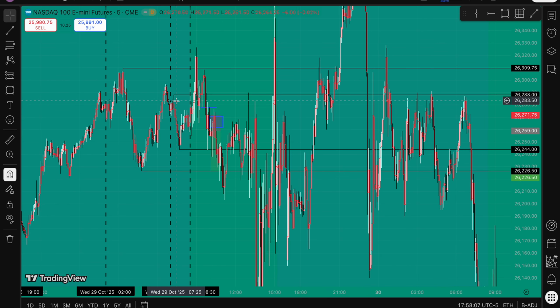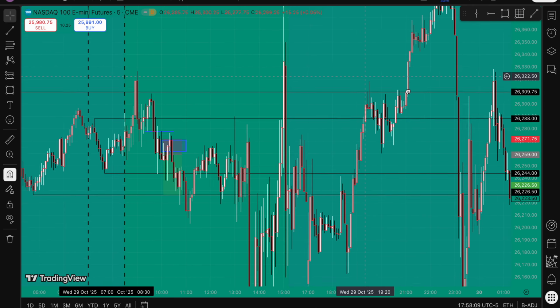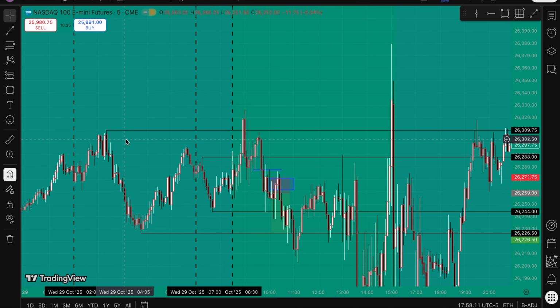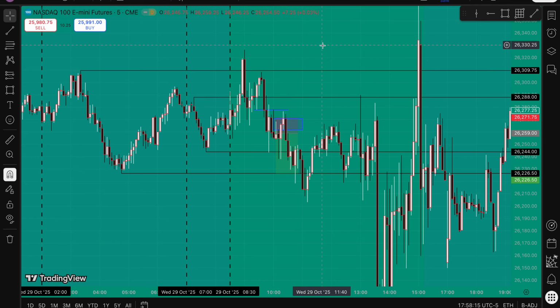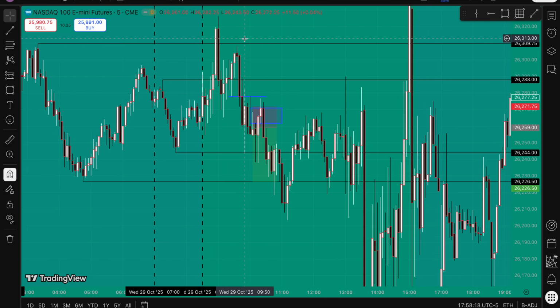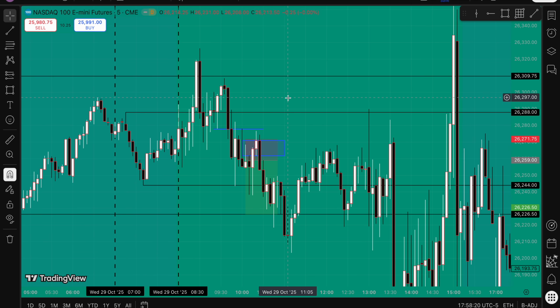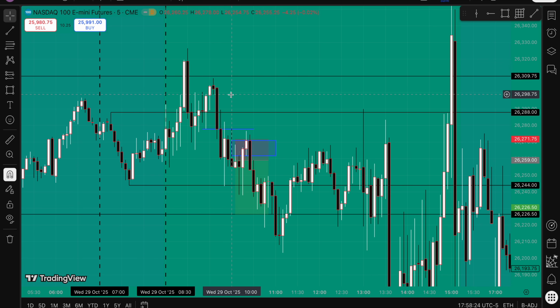Alright, so as soon as price touched these draws of liquidity, which was the Asian session and the London session in this case, we look for some kind of confluence that's going to support and confirm the liquidity sweep. So right here, it was pretty late. We broke structure right here on the 5-minute time frame.